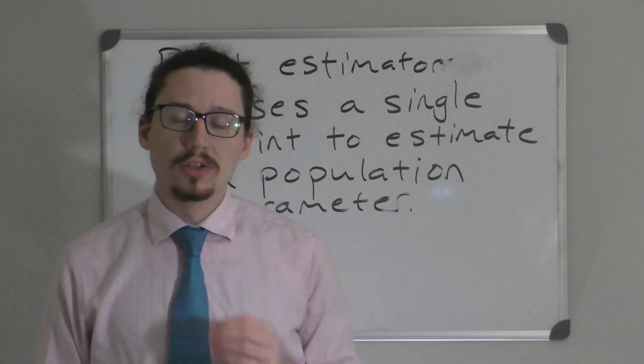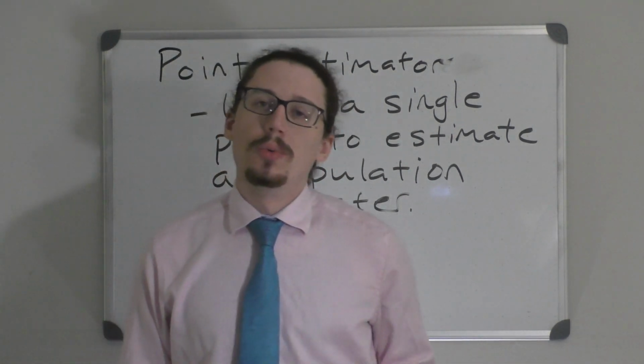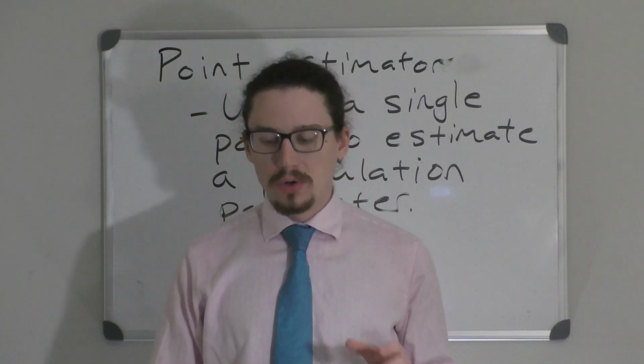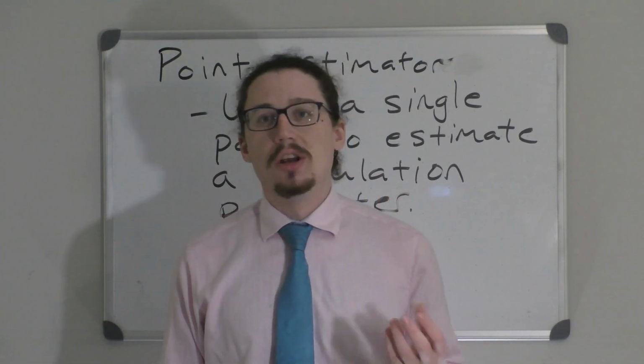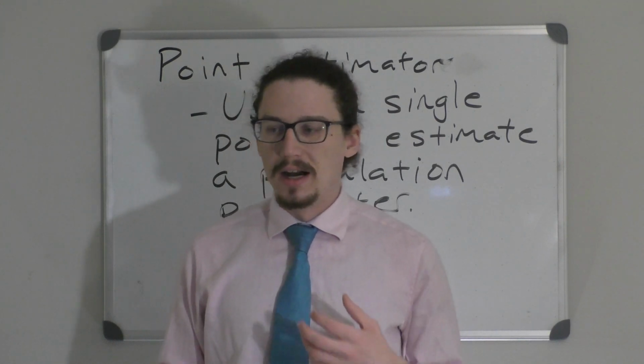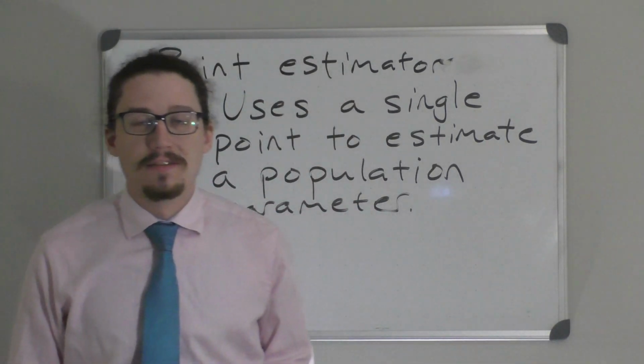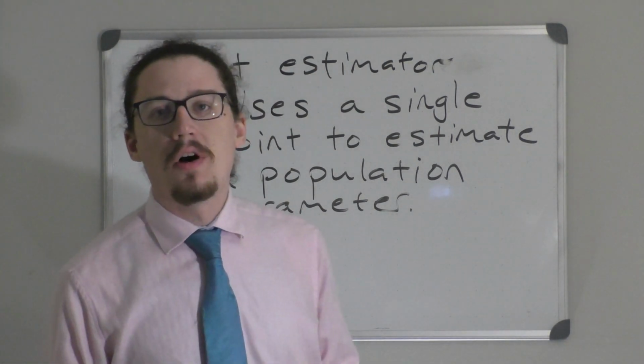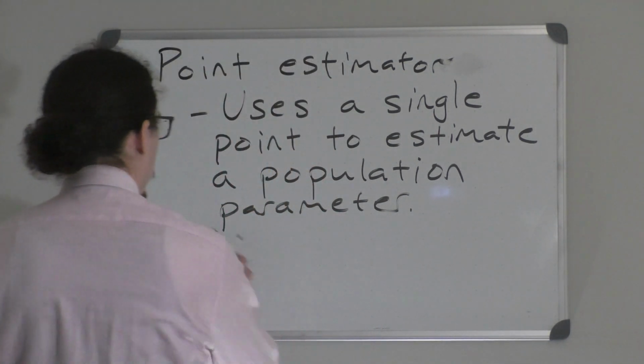So a solution to this is to use what we call an interval estimator. An interval estimator is going to give us an indication of potential error, which is just the flip side of accuracy. So how far off we can expect to be.